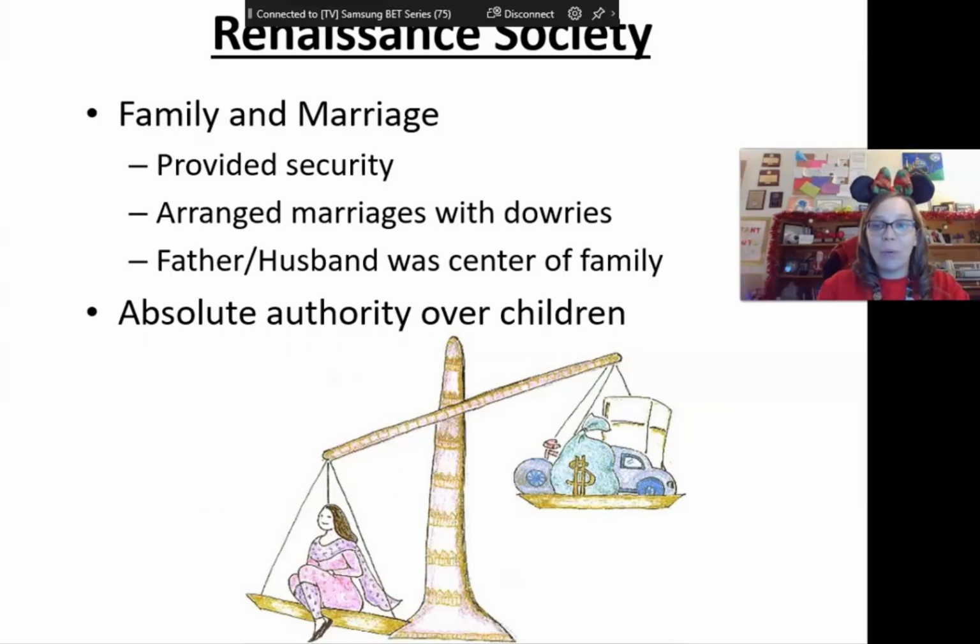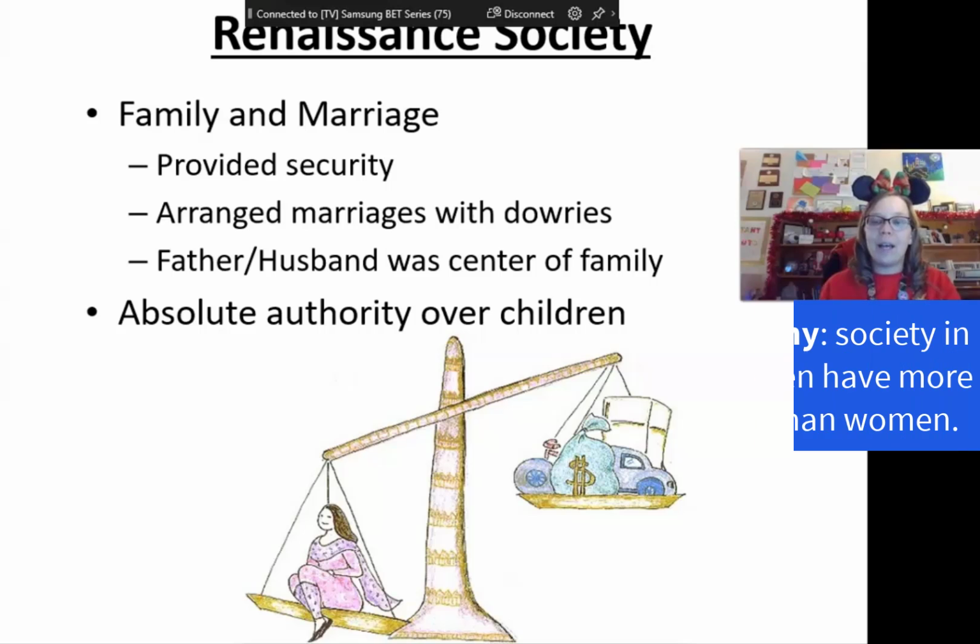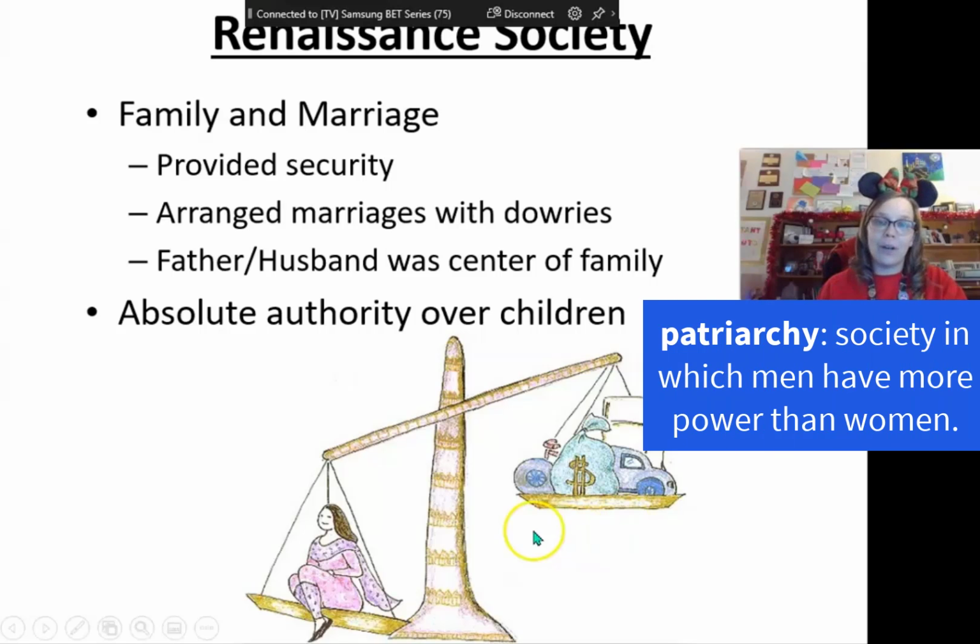And so that played a role in who she was able to court, who would be interested in marrying her. Men would look for a woman that had a good dowry. And if a girl had not a great dowry, it was a lot harder for her to find a partner to marry. And of course, then that shows us that it's still patriarchal. So we still see that the father or husband is the center of the family.